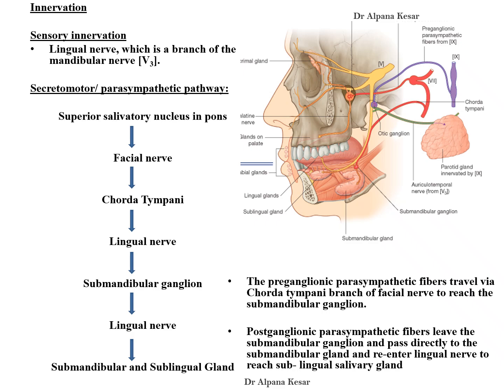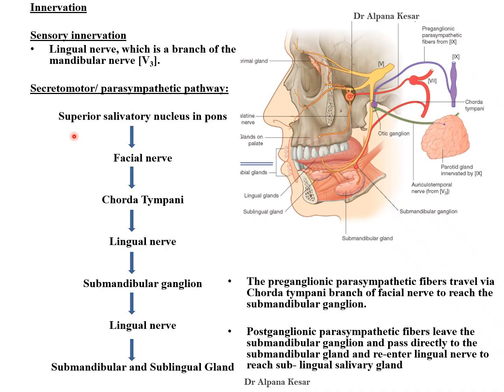Innervation, or nerve supply, of the submandibular salivary gland. The sensory innervation of the submandibular salivary gland is by the lingual nerve, which is a branch of the posterior trunk of the mandibular nerve. The secretomotor or parasympathetic pathway begins in the superior salivatory nucleus in the pons.